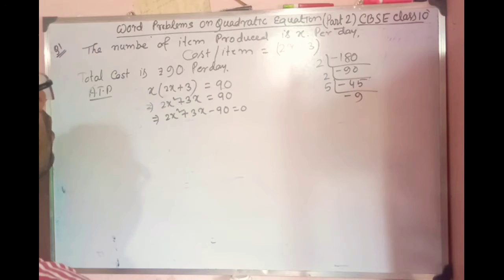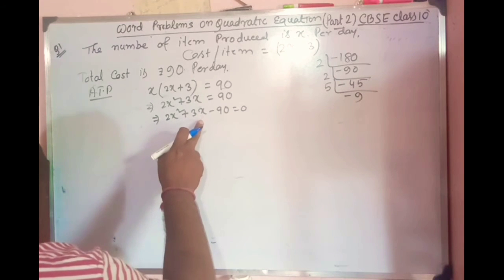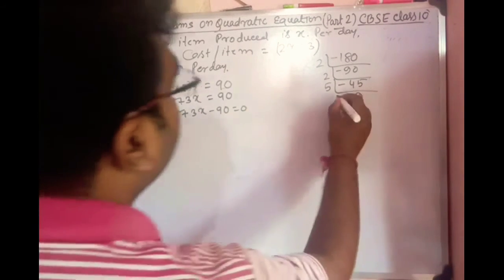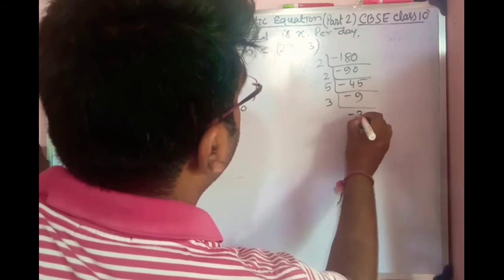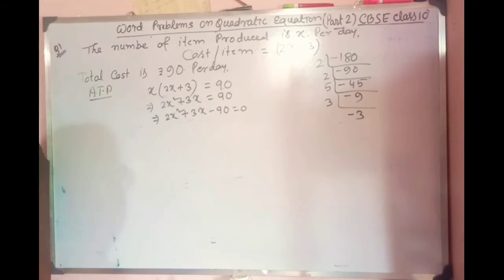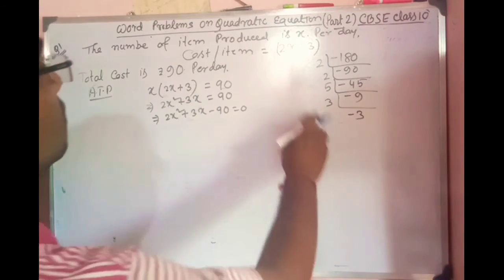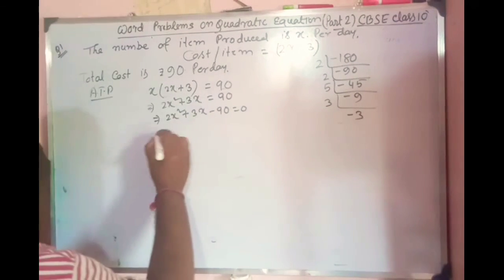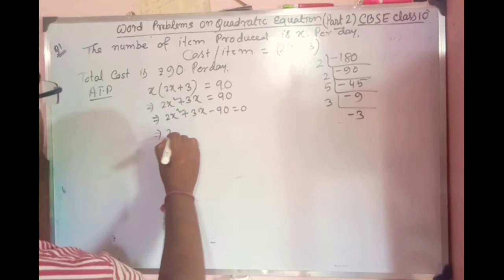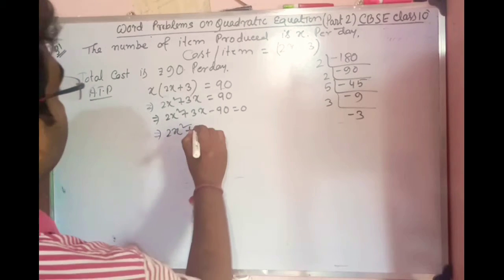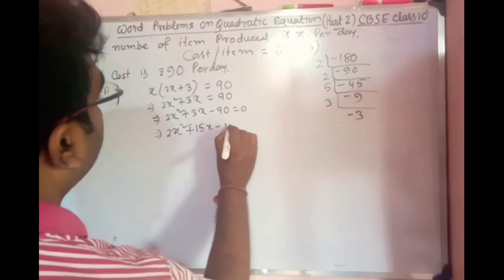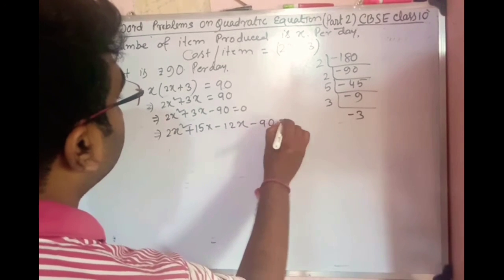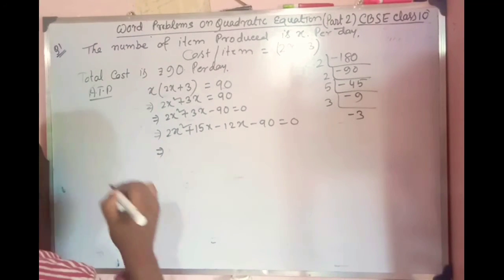So here the 3 comes, understood? So if we again break it, that is minus 12 or plus 15. If we take 2x square, we can break it up as plus 15x minus 12x minus 90 equals 0.